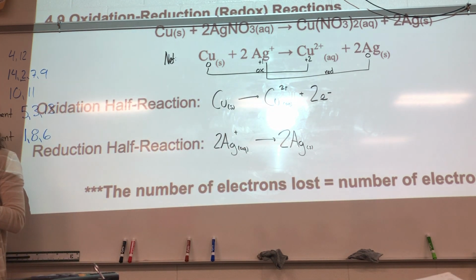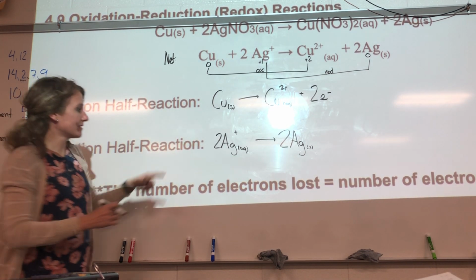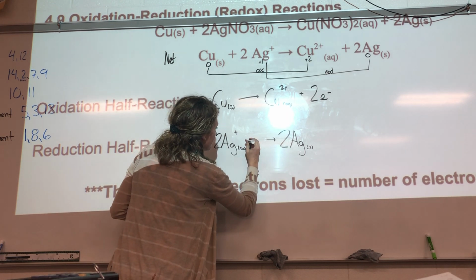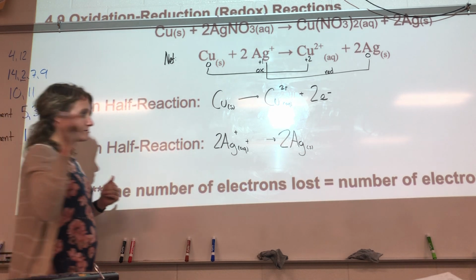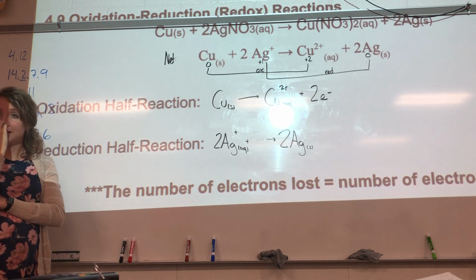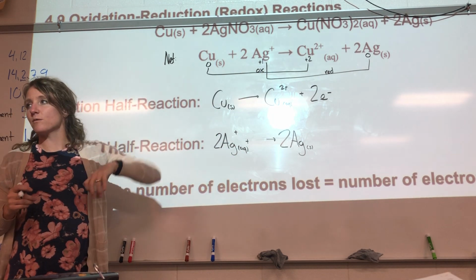And where do the electrons belong in this reaction? Are they being lost or gained? Gained. So now we're going to put them on the left. I should have left a little bit more space. Now, how many electrons are being gained? 1. How is it 2 if we're going from +1 to 0?